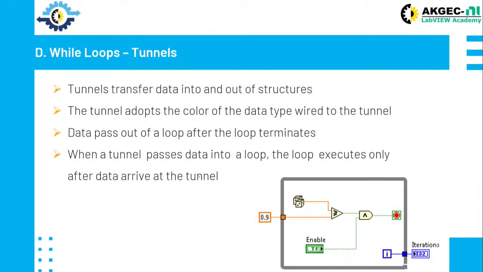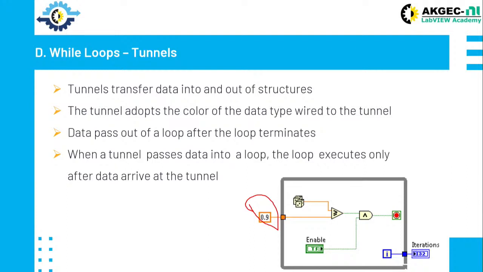Then we found that whatever the random number generated, it is displayed there. If I have to display it here, you can see it is a tunnel, meaning my input or constant value. This is the constant term which is outside the loop. If anything is outside the loop and we want to give that as a value or input to a function inside the loop, then we need a tunnel to transfer data in or out of a structure.